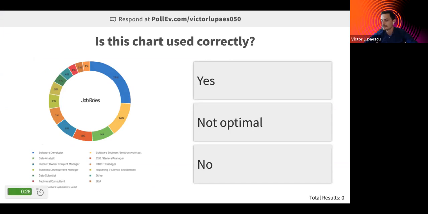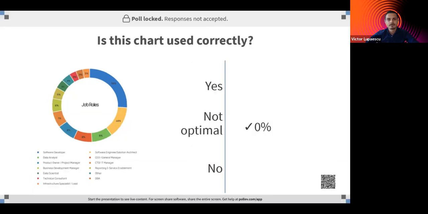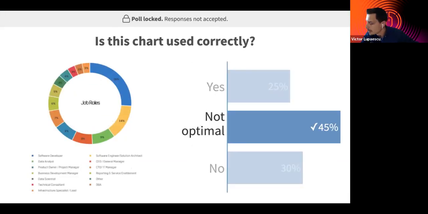Is this chart used correctly? Not optimal, 45%.